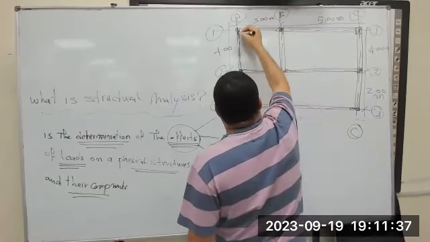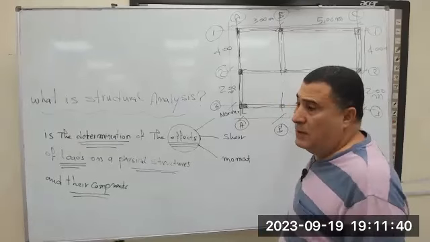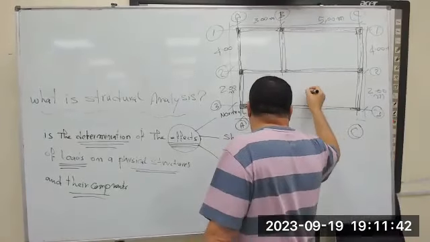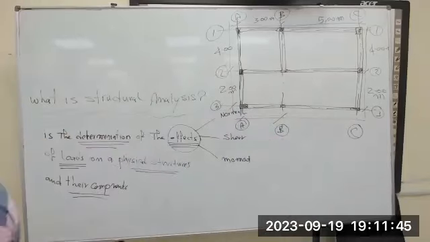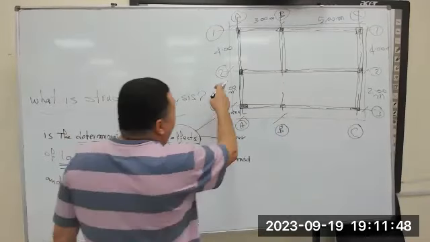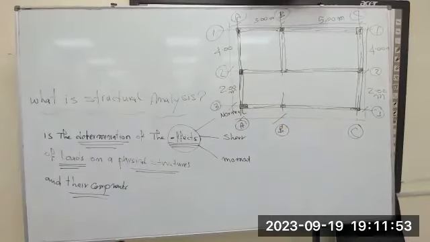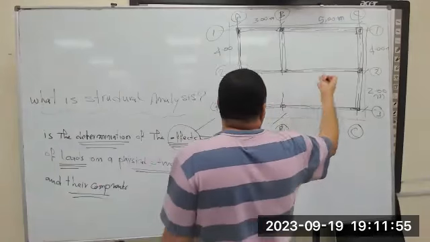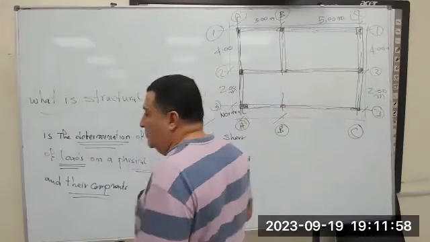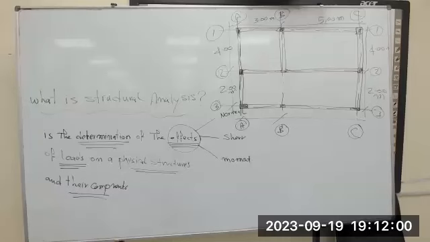So what is this element here? When I say this is a column and this is a beam, what is then this? Slab. Okay. Will we design the slab first or the column? Why are we not designing the column first? The aim is to define the load path, how our loads go.